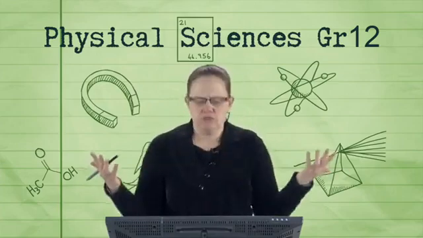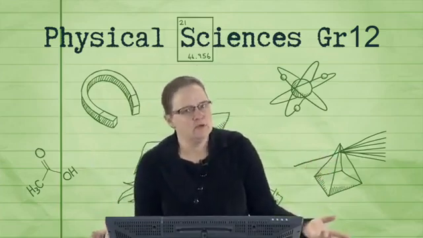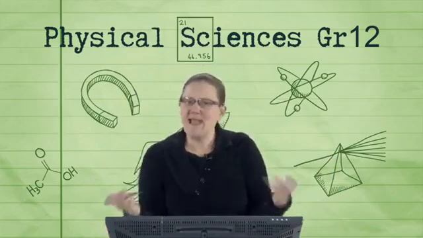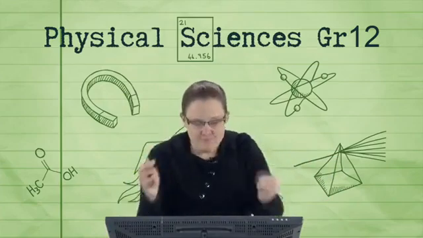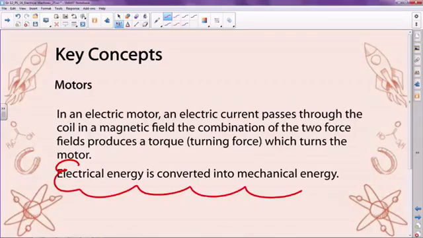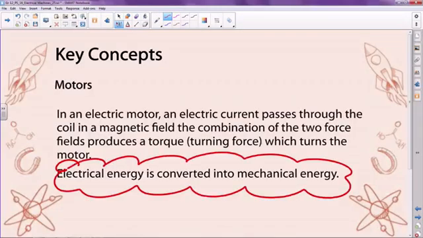And we use motors for things like hair dryers, toy cars, fans, all of those sort of things. The big thing here is that a motor converts electrical energy into mechanical. So we take electrical energy and we convert it into mechanical.